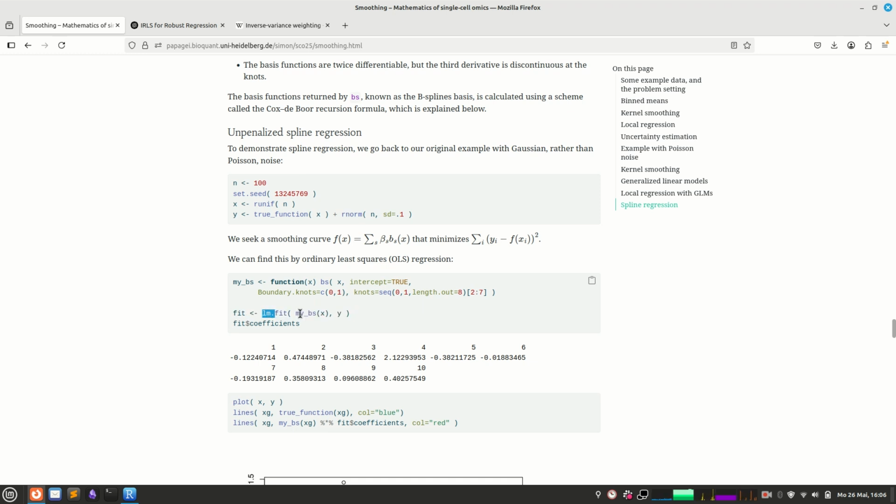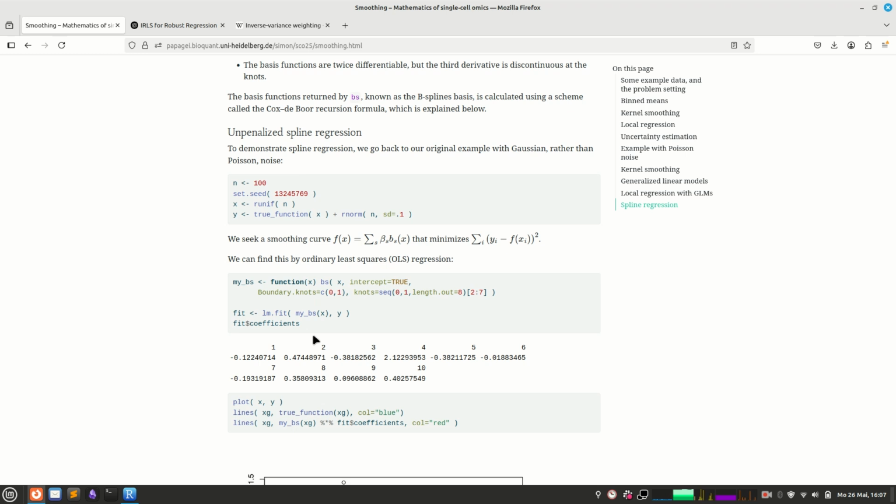linear model function, which takes here a matrix X and a vector Y, and then solves the problem Y is beta naught plus X beta plus some random noise. And we want that this random noise is minimized.